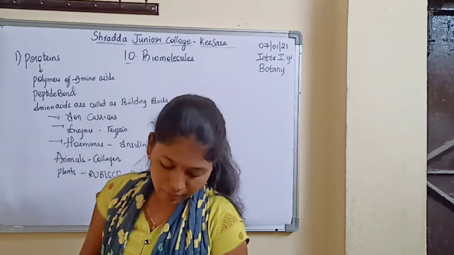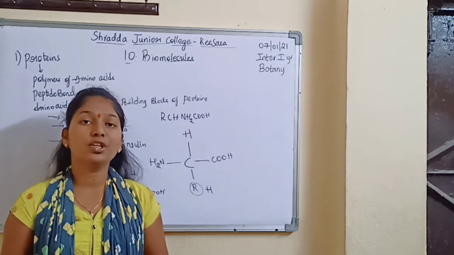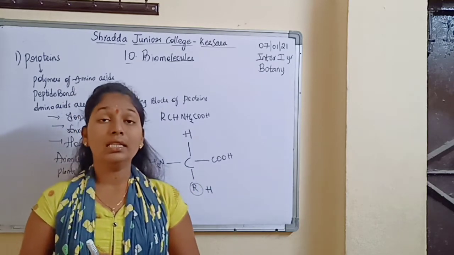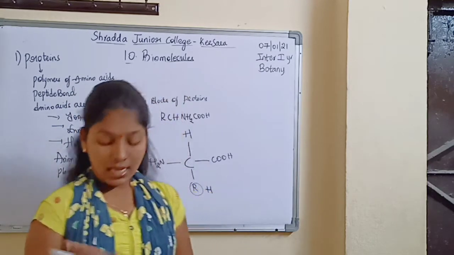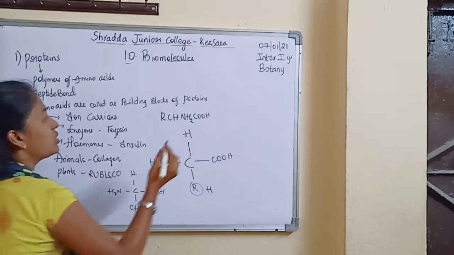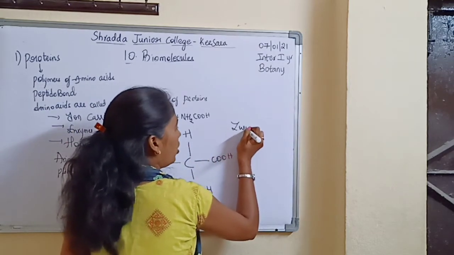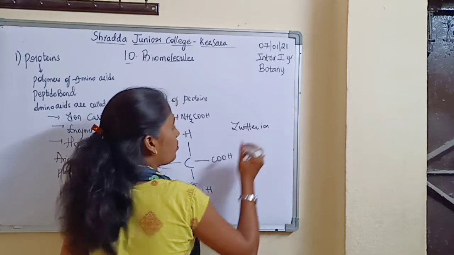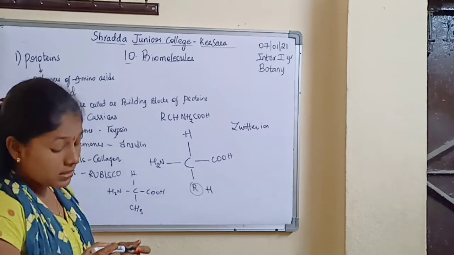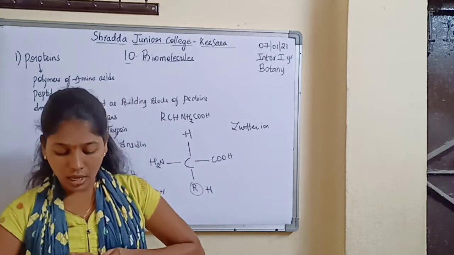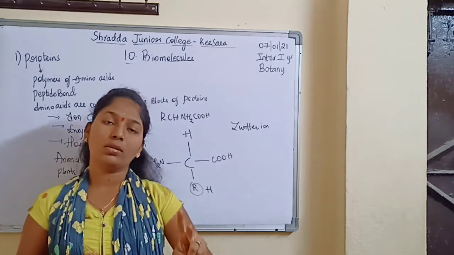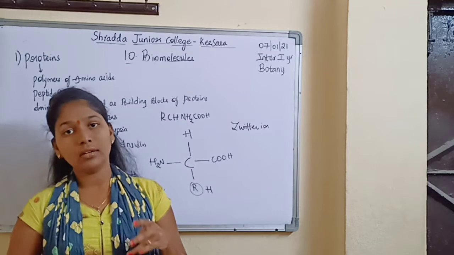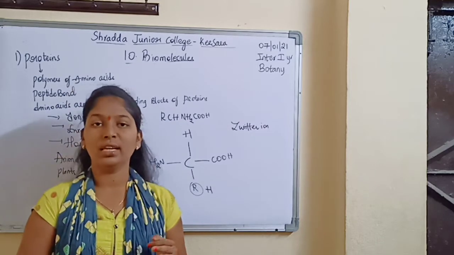Fine. And certain important characteristic features of these amino acids are that they can exist as zwitterions, or dipolar ions. The amino acids can exist as zwitterions, meaning they can act as two ions, as a cation and also as an anion.